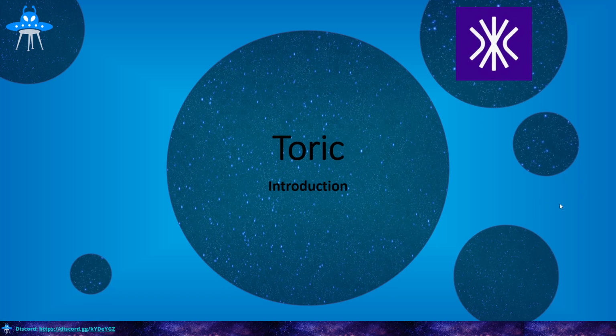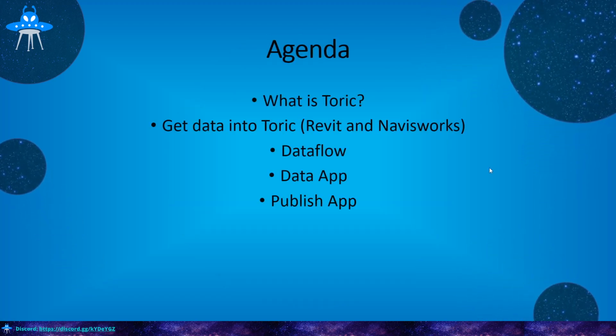This is going to be a short PowerPoint, and then we'll actually dive into the tool and look at it. Essentially, we're going to talk a bit about what Toric is before jumping directly into it, and then we're going to get data into Toric. That'll be Revit and Navisworks data, and I'll show you how to do that.